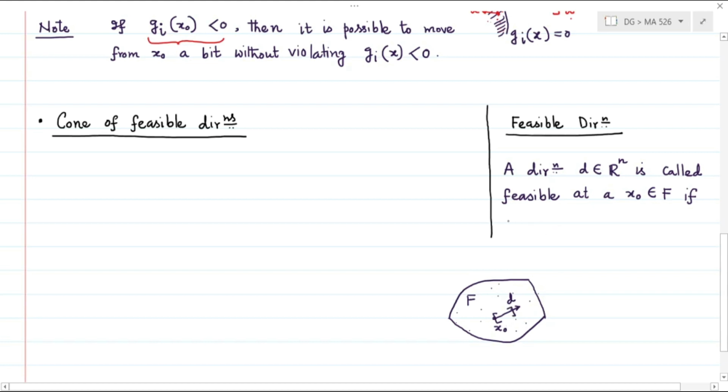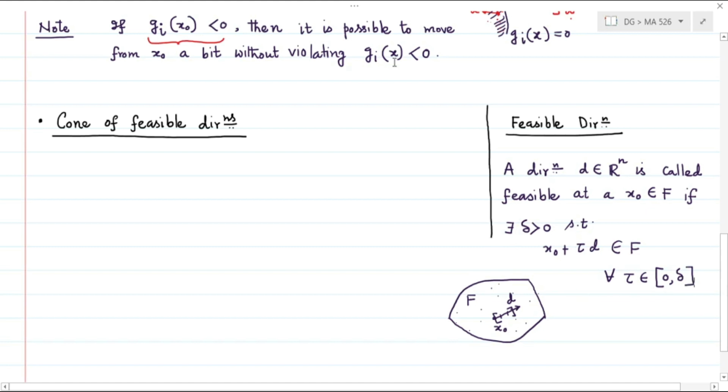It says that if there exists a distance delta along the directed line emanating from x0 in the direction d, such that x0 plus tau d, which obviously is a point on this line, still belongs to the feasible set for all tau belonging to the closed and bounded interval 0 to delta. Fine. And by that we mean it is a feasible direction.